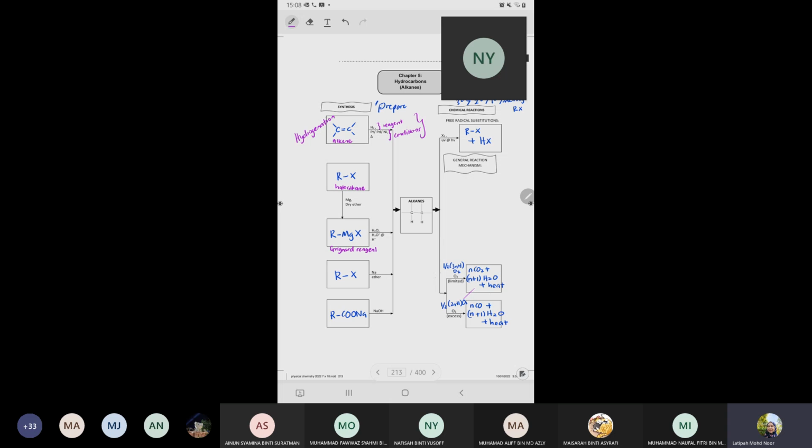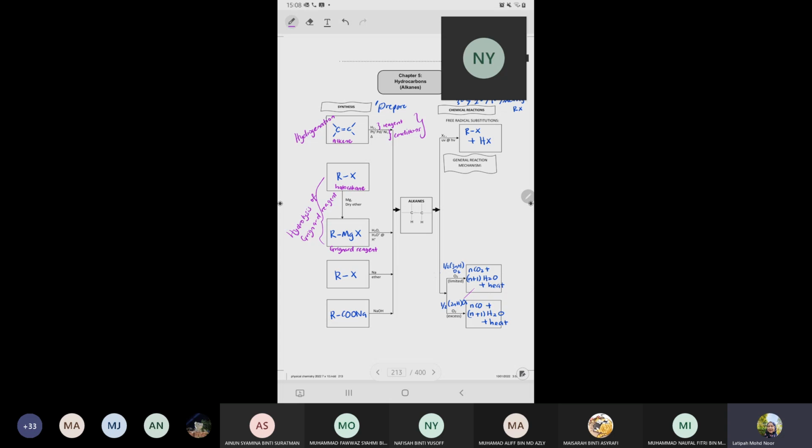This reaction is called hydrolysis of Grignard reagent. Hydrolysis of Grignard reagent is the name of the process. But if the question says name the type of reaction, it is a different answer. This is the name of the process.